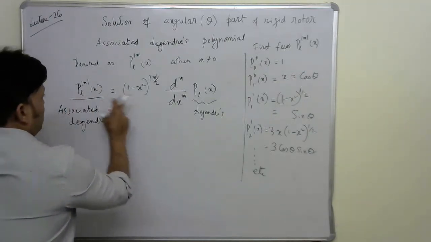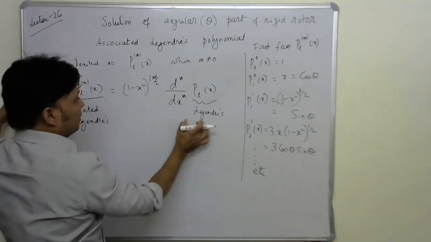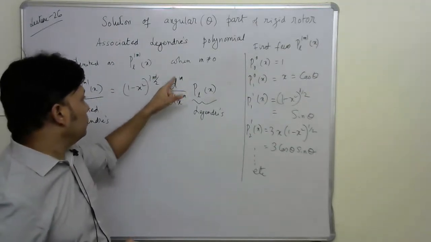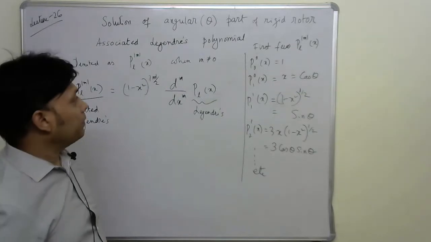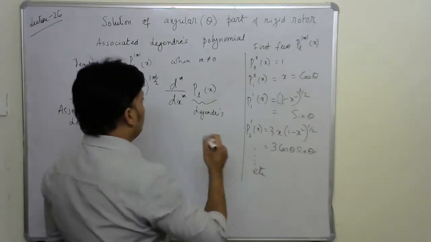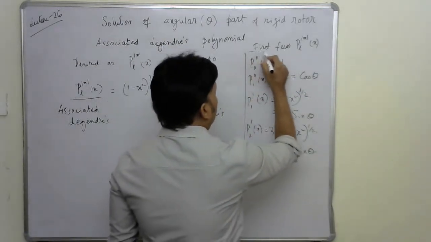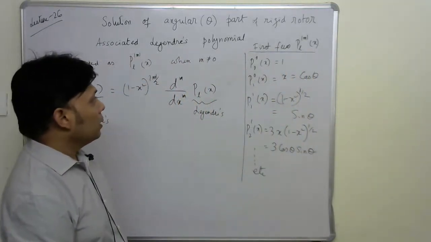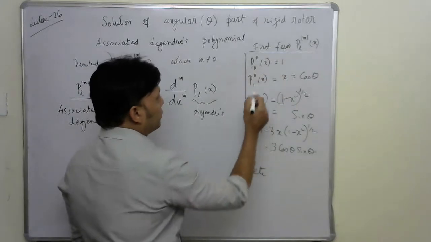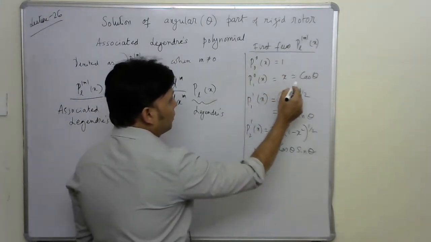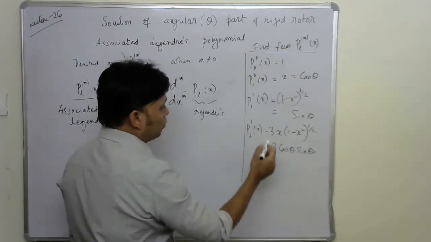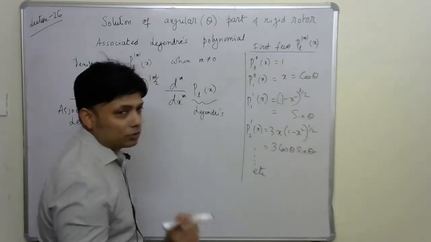This is linked with P_l(x) by this expression. You see there is the mth order derivative, and if we solve that, we get the first few associated Legendre's polynomials. For P_0^0 the value is 1, for P_1^0 the value is x, hence cos theta, for P_1^1 it is sin theta, for P_2^1 it is 3 cos theta sin theta.